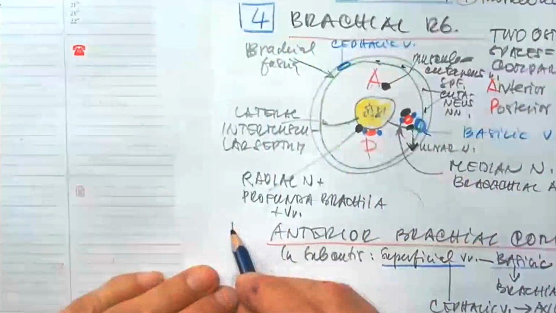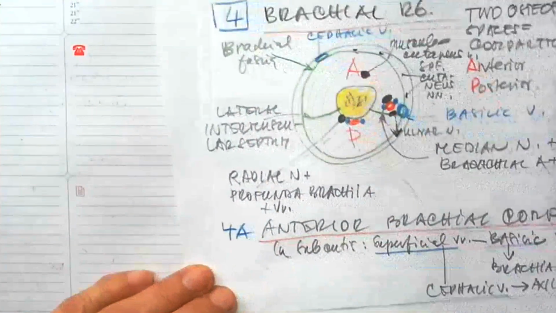Then in this compartment, I forgot to put number 4, brachial region, and we could add 4A.